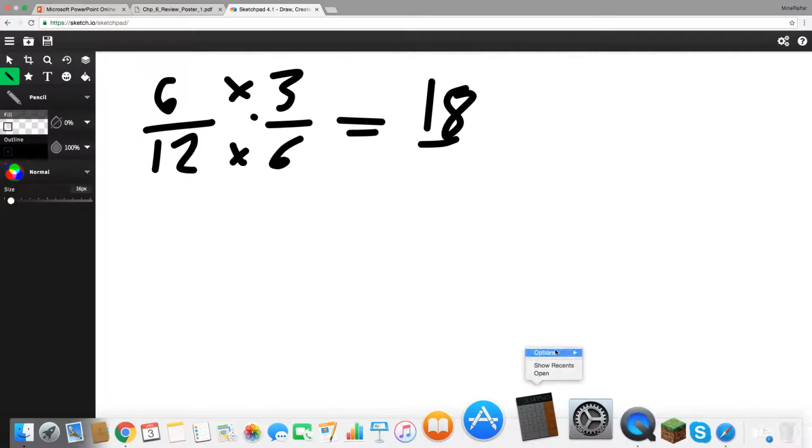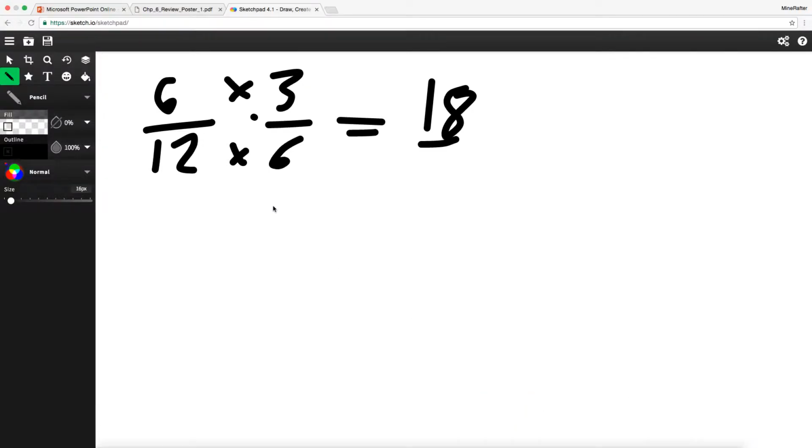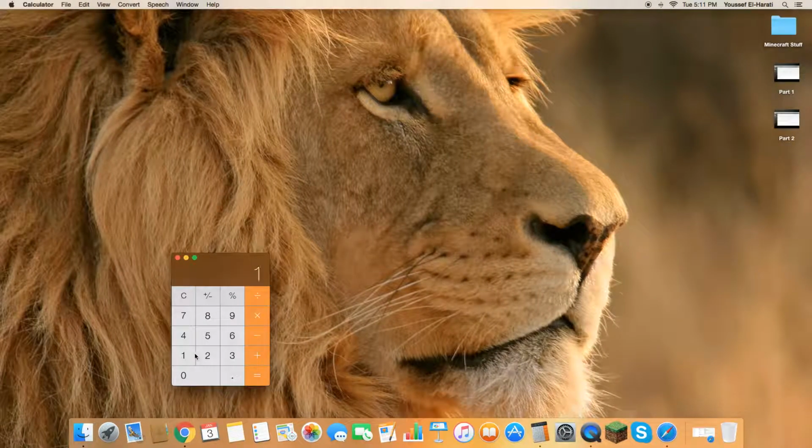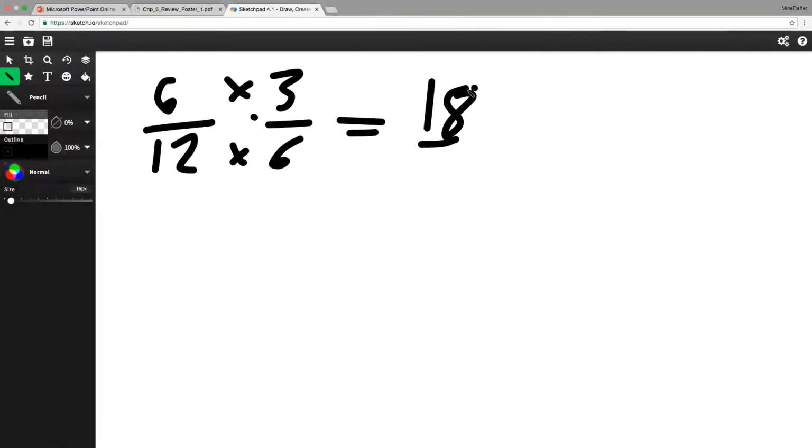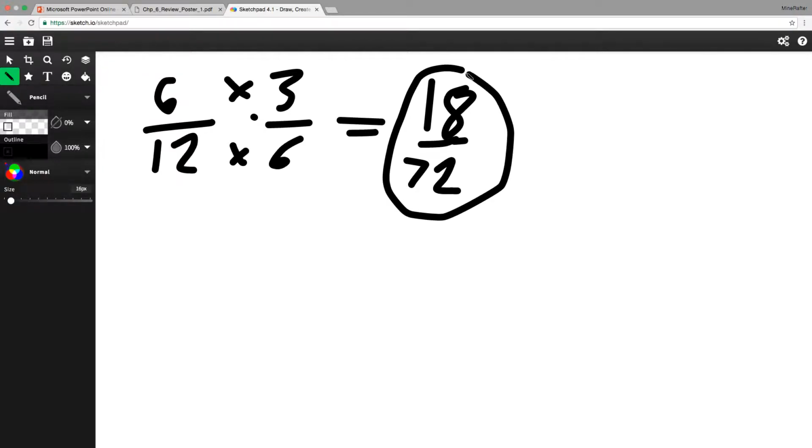So you go 12 times 6, which is 72. And then you put the answer for the bottom one on the bottom. So the answer for the first one that we just did will be 18 over 72. Right here, you times the top and the bottom.